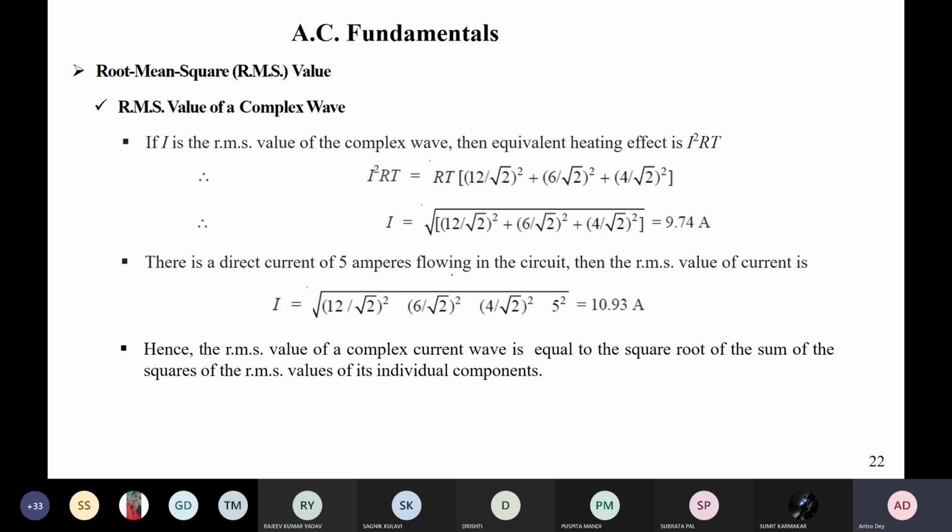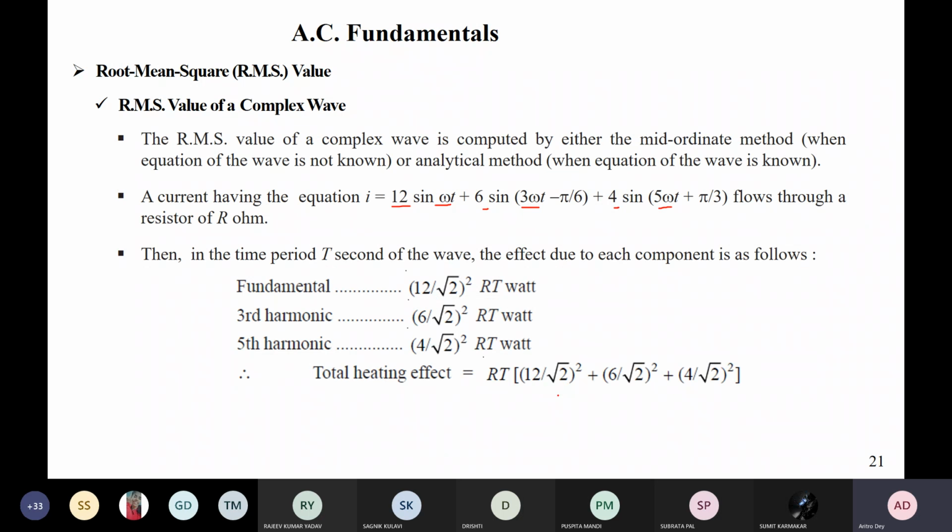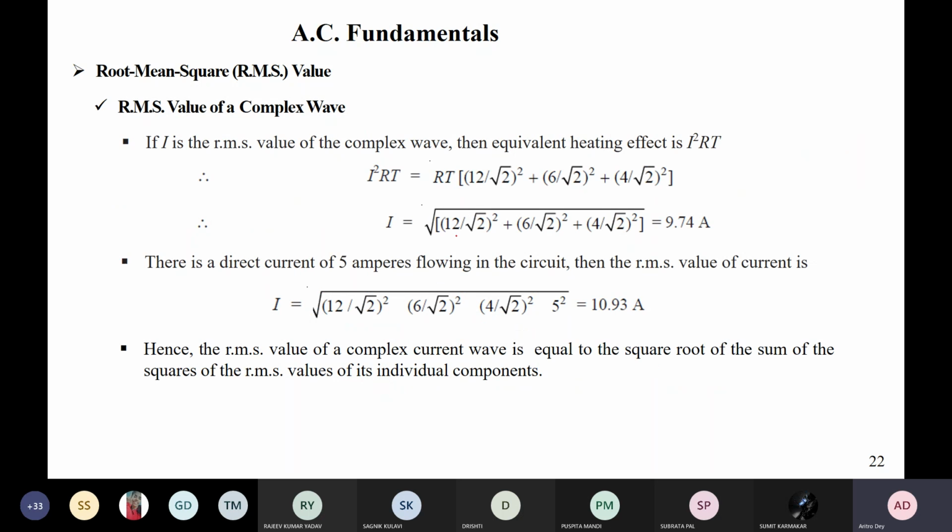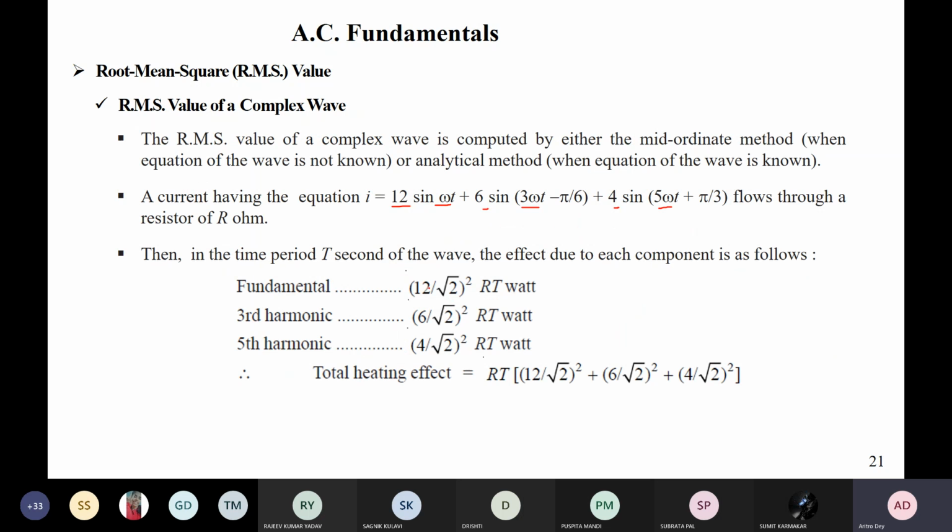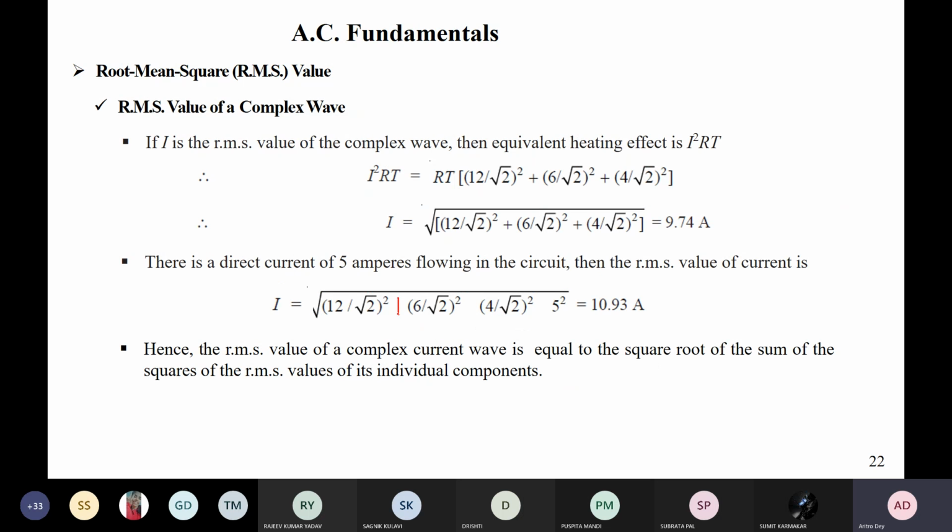If you take the square of this and then take the root of the sum, you will get your total current. And if there is a DC component of 5 ampere in addition to this, like plus 5 here, then that can be added as 5 square without using 1 by root 2. So this is how you get your RMS value for the complex waveform.